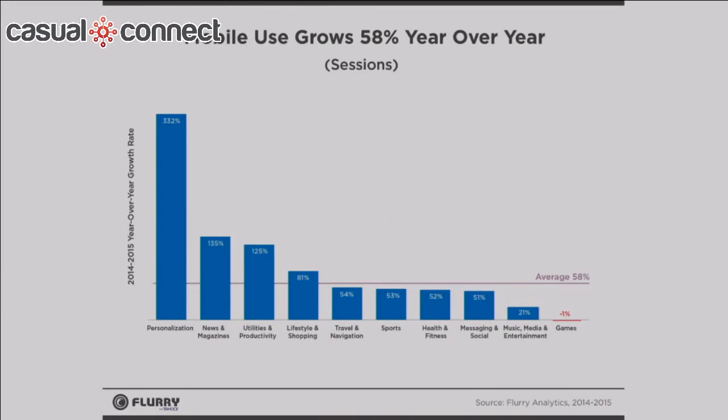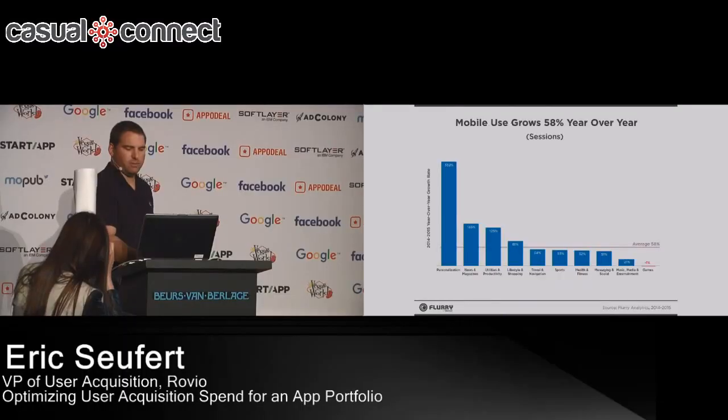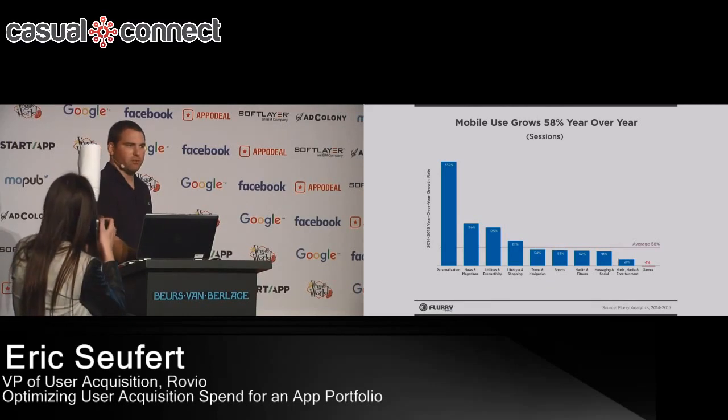Here you see mobile use by category, and games is dropping. I think that mirrors what you see with a lot of other innovative marketplaces with tech. Games leads the use case, but other verticals catch up, right?